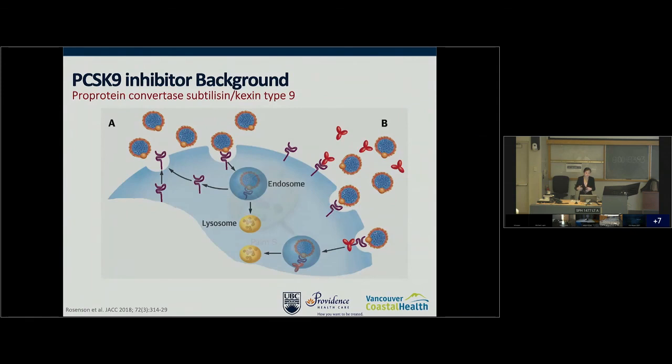So if there's a lot of PCSK9 around, that will decrease the amount of LDL receptors on the surface of the hepatocytes that can then mop up LDL particles. So if we inhibit those little red molecules, the PCSK9, then we might actually have more of the A situation that you see in the diagram there.